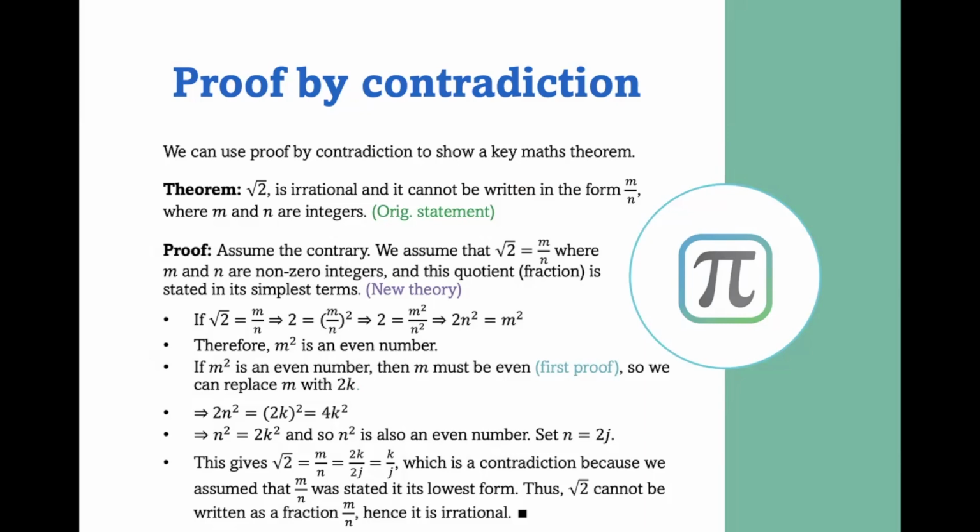And yet, working through the new theory, we've come up with a solution that shows 2k over 2j. And so we have contradicted our new theory. And thus, the square root of 2 cannot be written as a fraction m over n, where m and n are integers, and hence it is irrational.